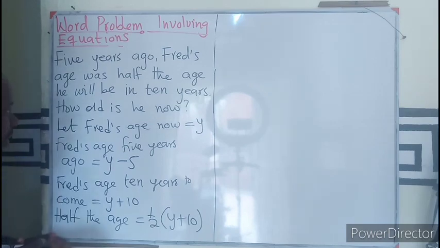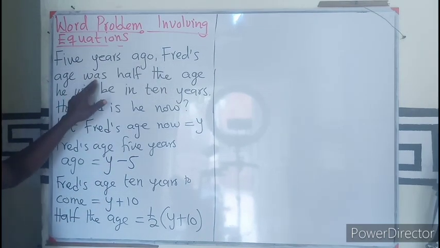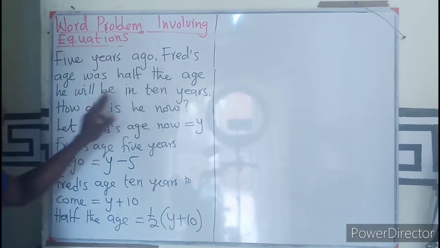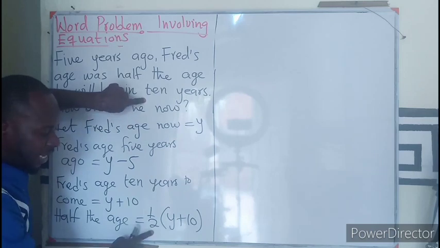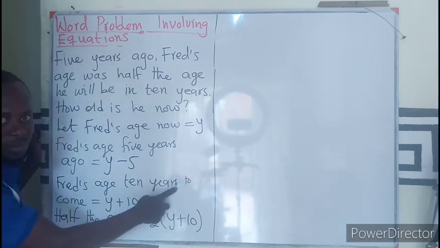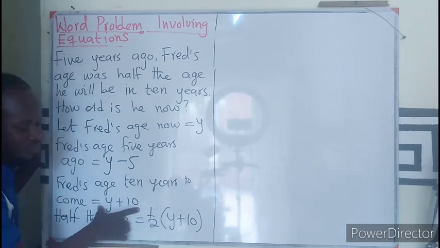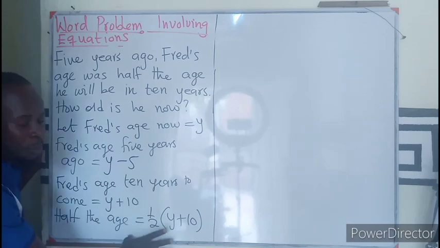If we are talking about Fred 5 years ago, Fred's age was half the age he will be in 10 years. So half the age in 10 years will be half of y plus 10. So these three instances are provided.